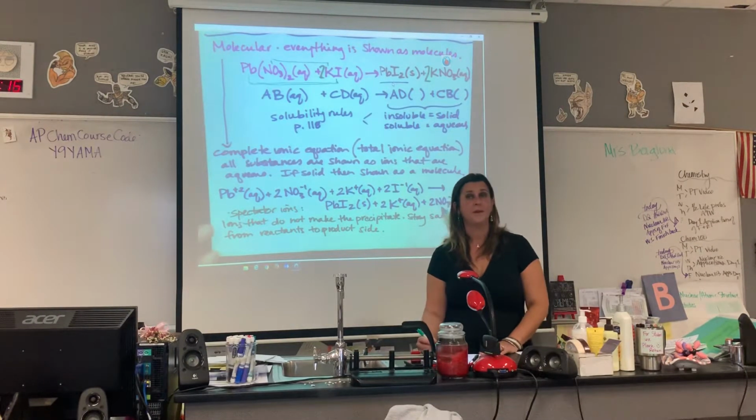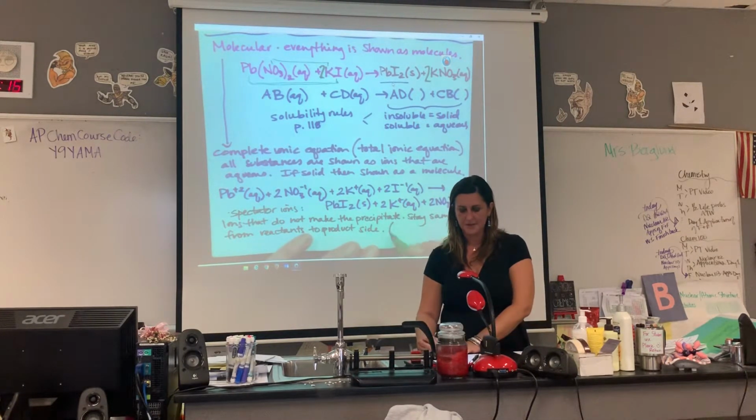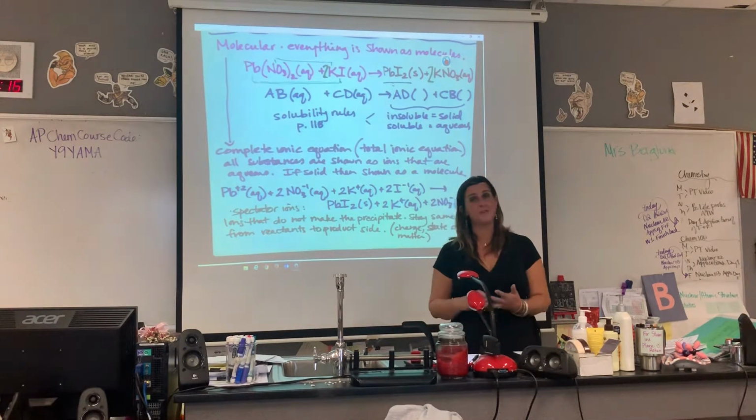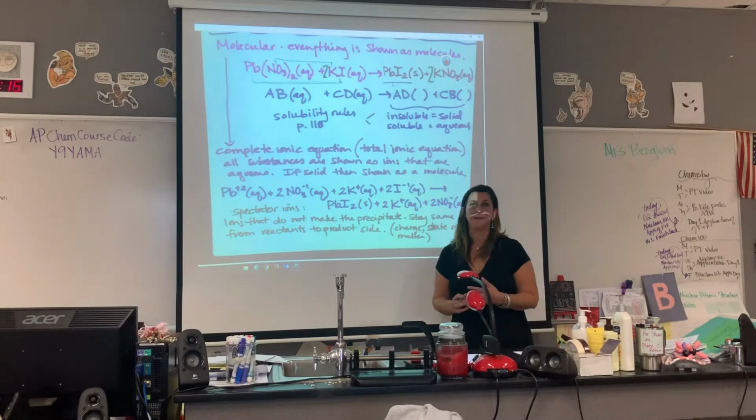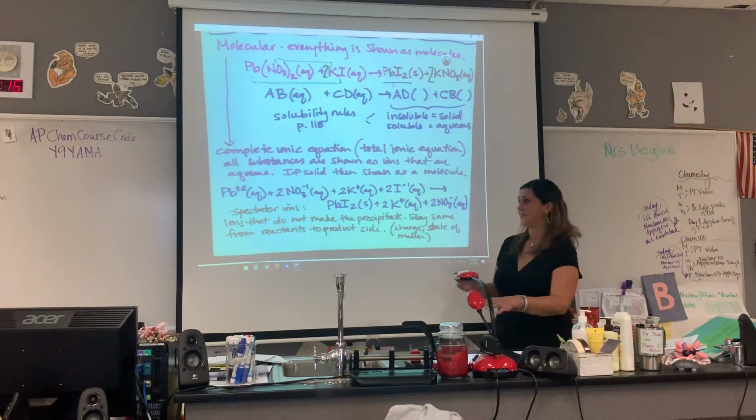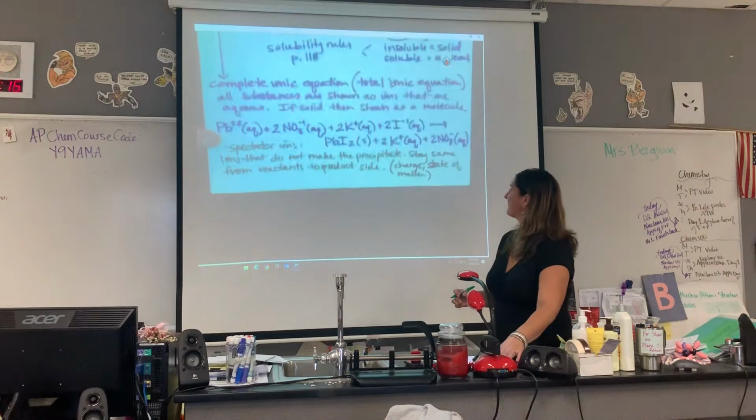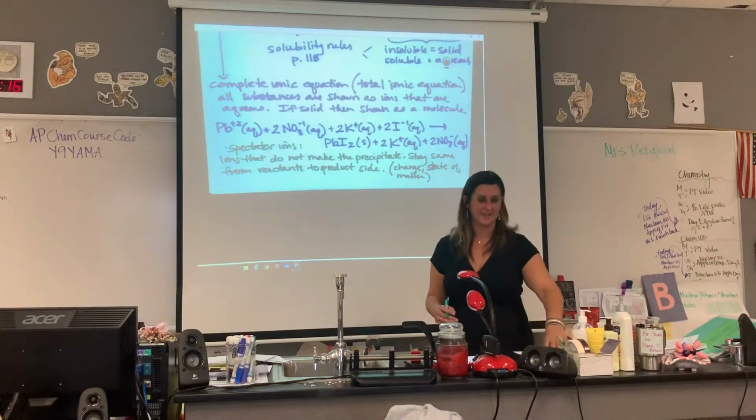Okay, so you're talking about stay the same in terms of charge and state of matter. So if the charge changes or the state of matter changes, then it is not a spectator ion.